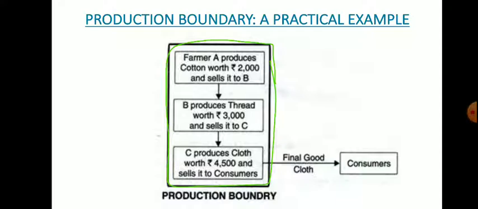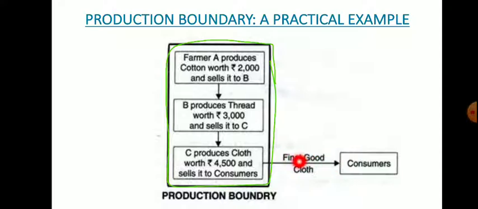Now suppose you are the consumer and you went to producer C and you purchase those cloths for your own use, for your final consumption. Then that cloth will become what?